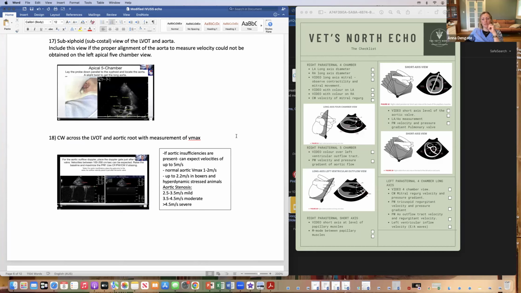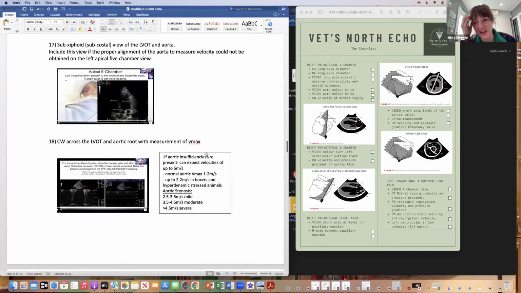You can pretty much always get it. You can, but it's brutal. It's so intense to dig that deep, and the dogs have to be compliant, and often they aren't. Well, they're often not as heavily sedated for echoes. Well, yeah, you can't. It's going to impact your velocity. If we give Alfaxan, our systolic function is going to reduce, and our aortic velocity is going to go down. Yep. So it can be difficult.